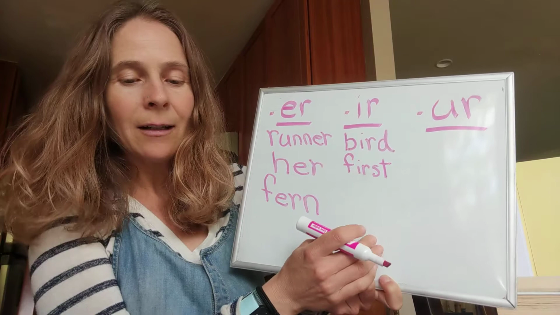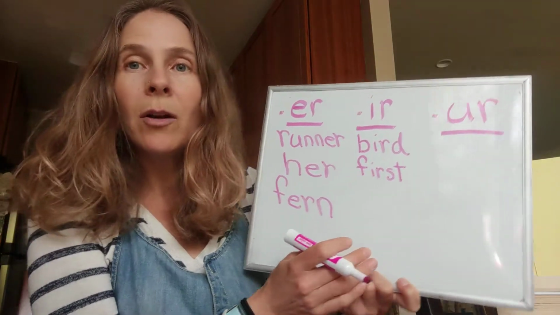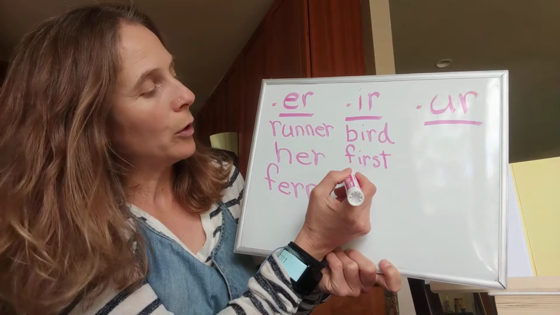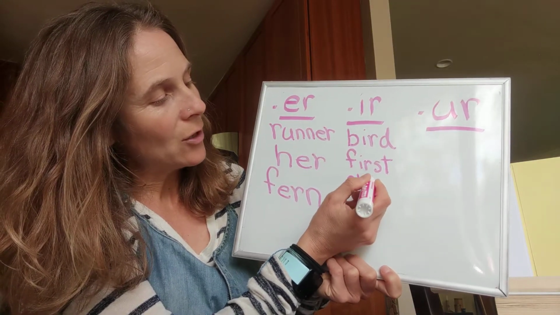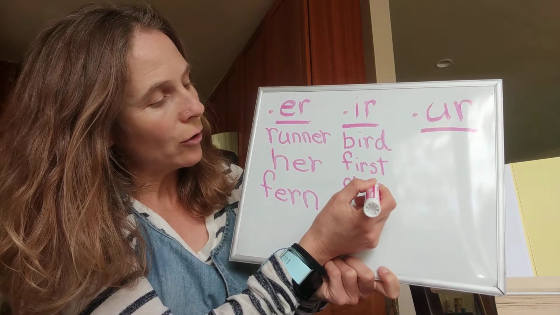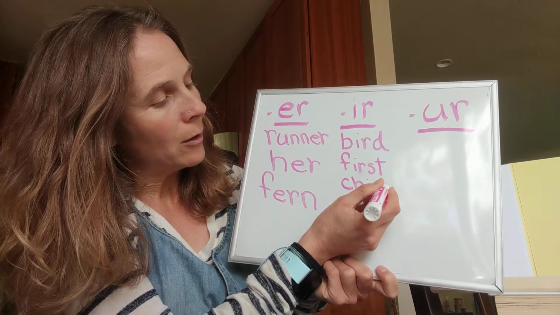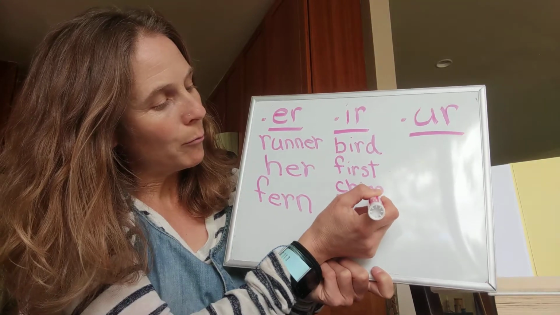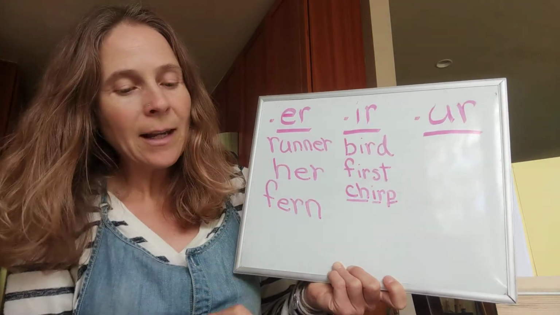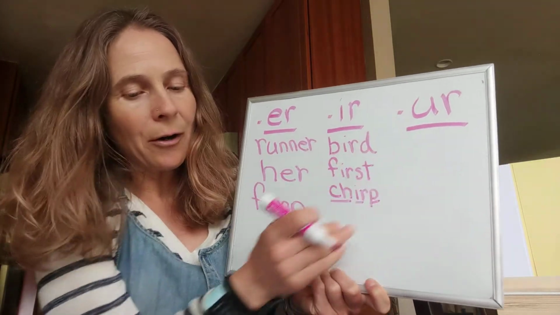First. And let's try one more. How about chirp? Like the little bird will chirp. And that's got our digraph CH in the beginning. Chirp.